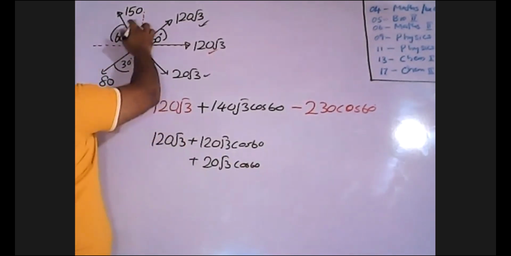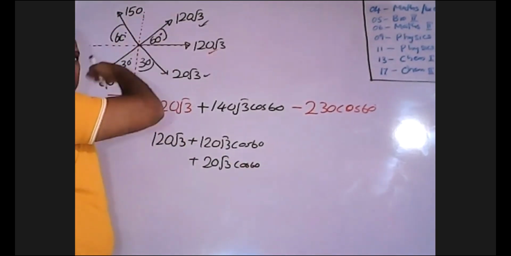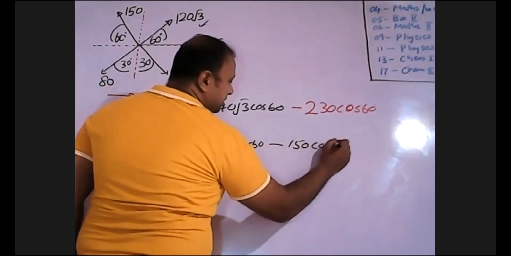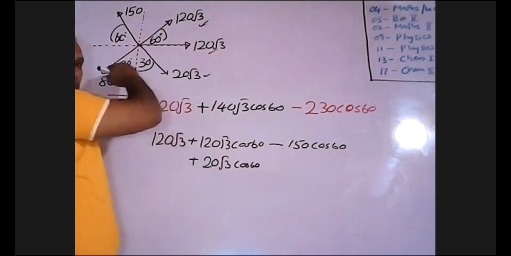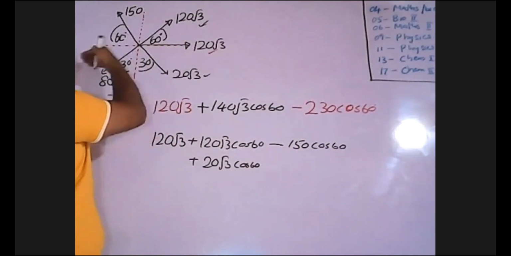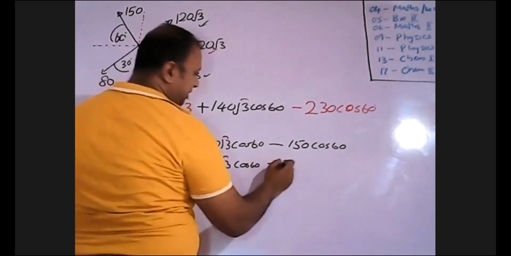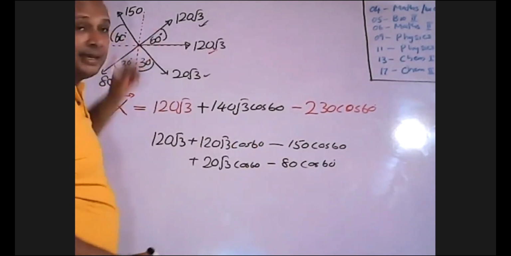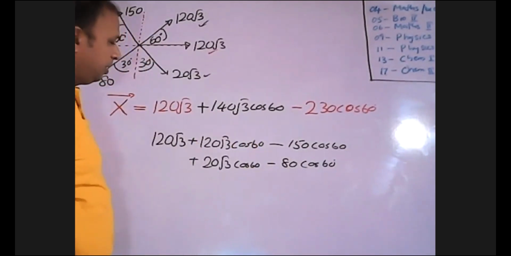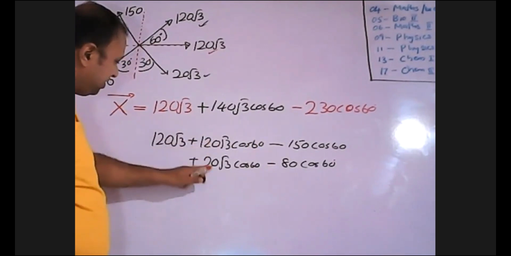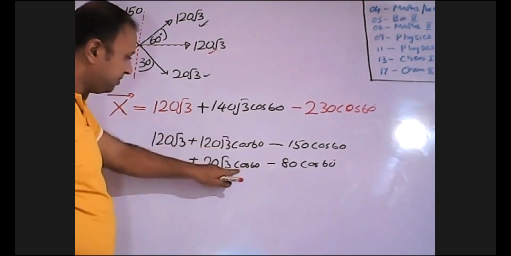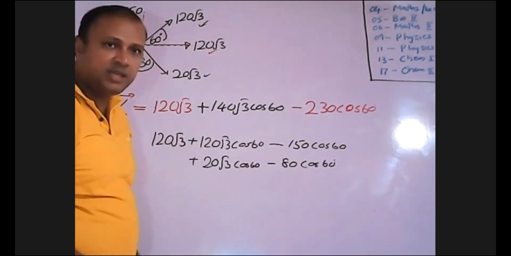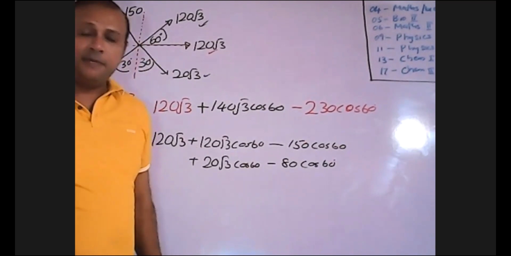Then if we resolve 150, it is in minus direction, minus 150 cos 60. If we resolve 80, it is also minus because it is in negative direction, minus 80 cos 60. All the angles are 60. If you add these two, you will have 140 cos 60. If you add those two, you will have 120 cos 60. Okay. Take it out.